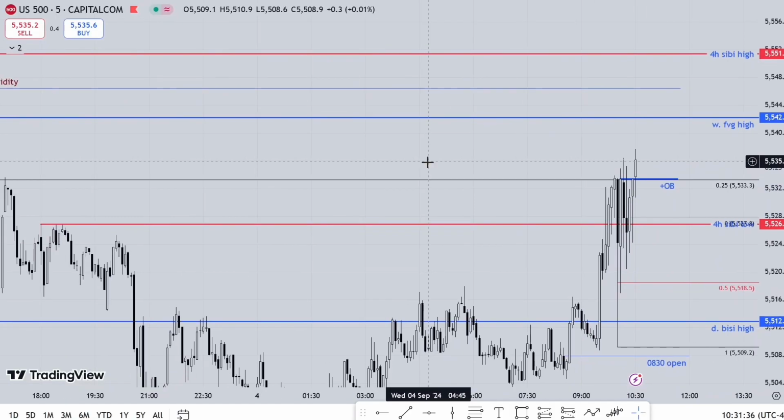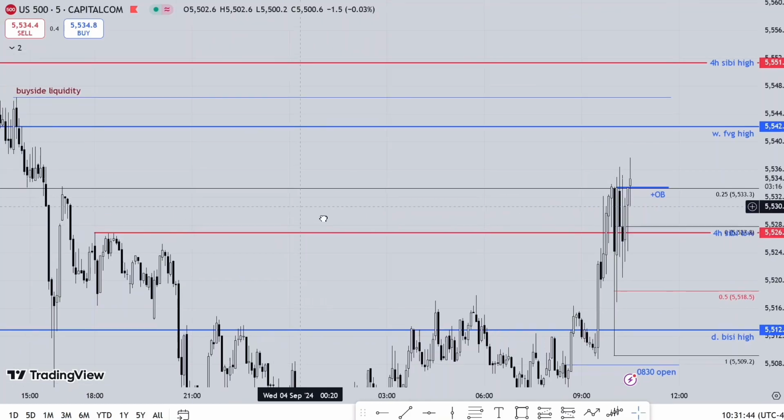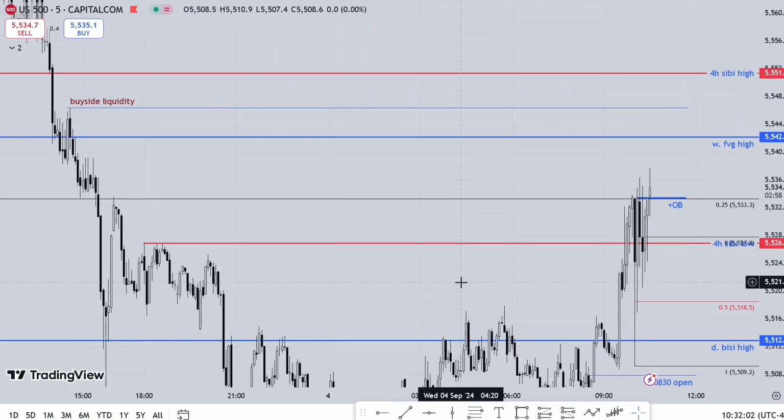So you want to see this other block now act as a support level to take price up to this buy side liquidity, which is resting here, and also up to this 4 hour CB high. Why is this setup seen as a valid setup? It is because it is at a time in which the second stage reaccumulation of a market maker model takes place.